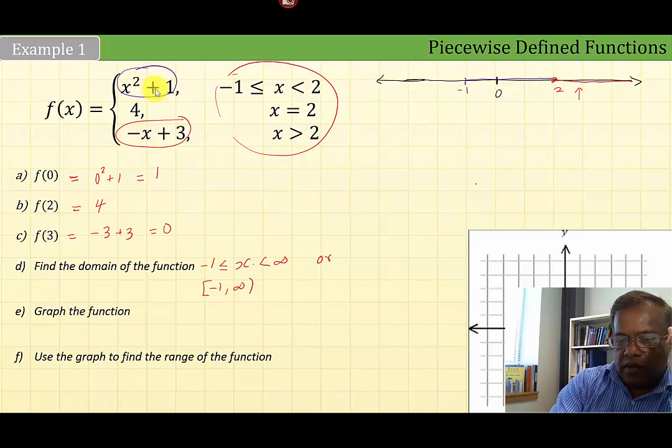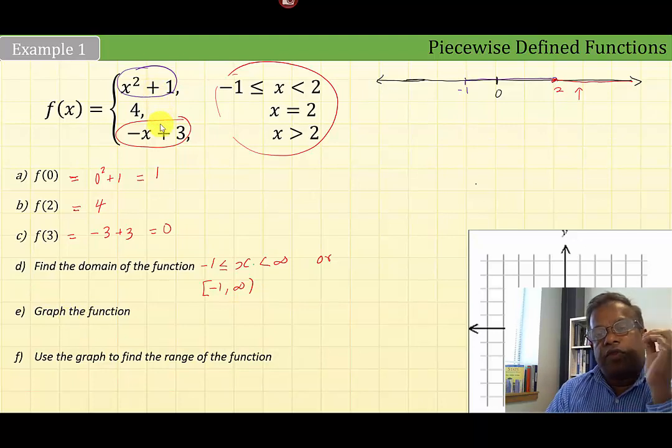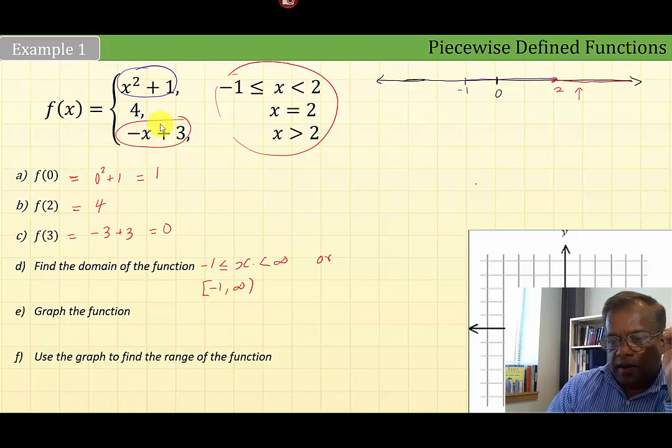So we need to graph three parts of these functions. If you look at each part, f of x equal to x squared plus 1, we know it's a graph like that, parabola open upward. So it's a curve. So we need at least 3 points to graph a curve. So the strategy is to use these endpoints as the points that we're going to use.